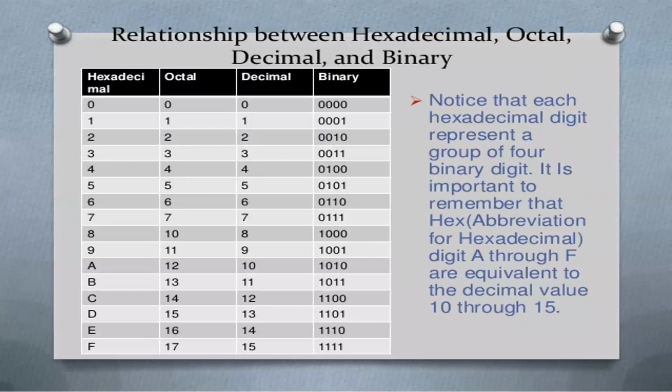So if you see 0, in 4 bits, this is occupying only 1 bit of the space. This is occupying 2 bits of the space. 3 is occupying 2 bits of the space. When it comes to 4, it is occupying 3 bits. This 0 is just to fill in to make it a 4 bit number.